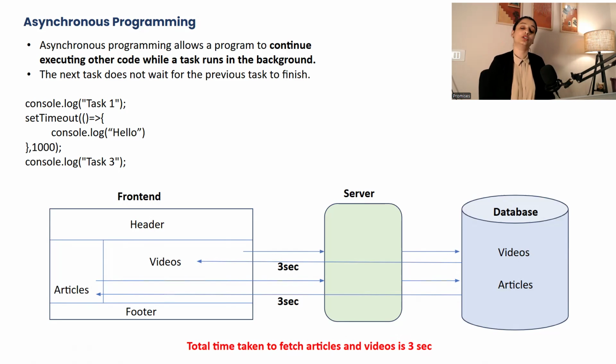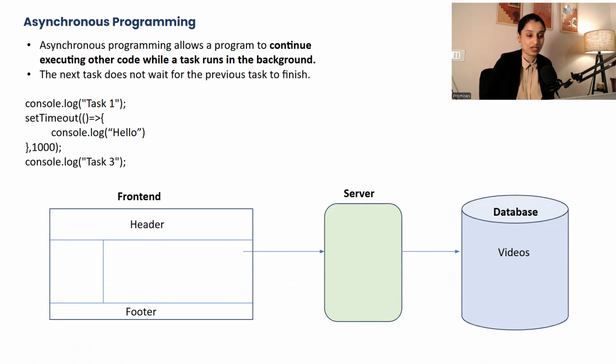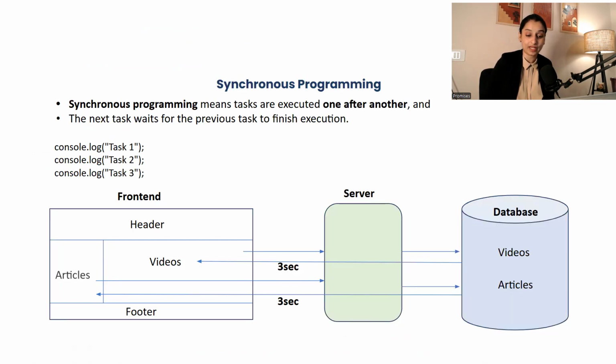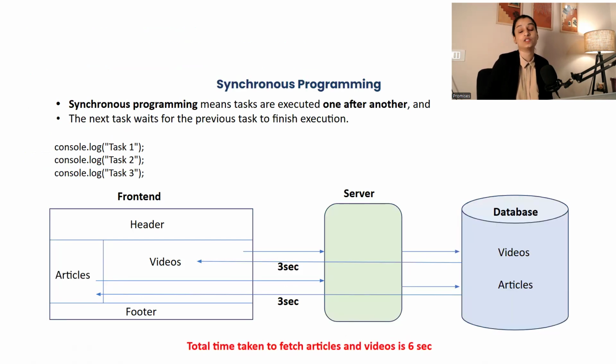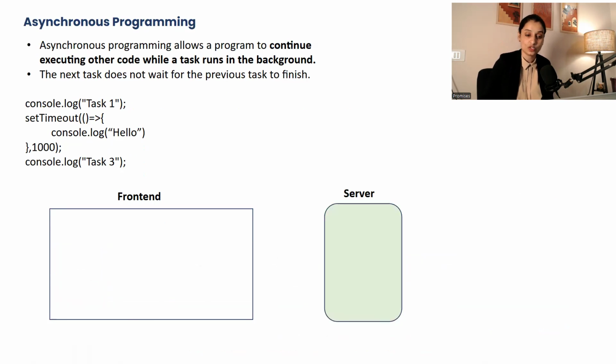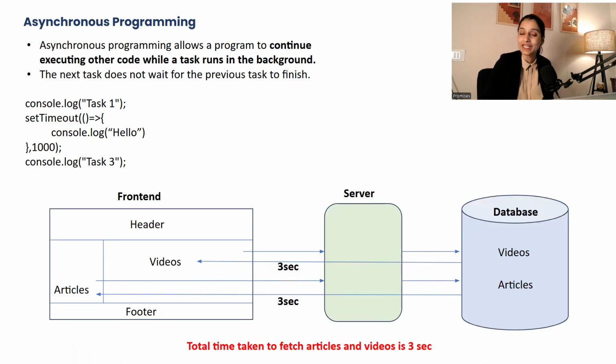So here, the total time taken to fetch all the videos and articles is just 3 seconds because of asynchronous programming. But if you check in previous case, the total time taken to fetch videos and articles was 6 seconds. So here we got the complete response on front end just in 3 seconds.